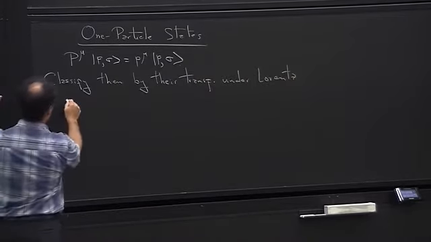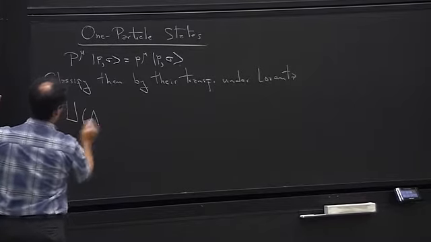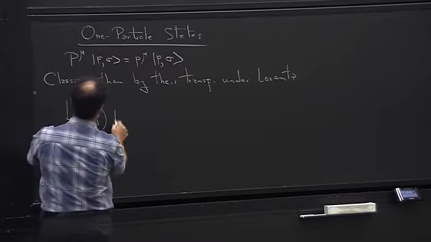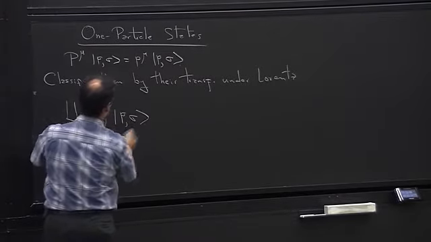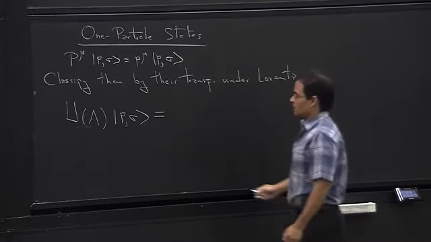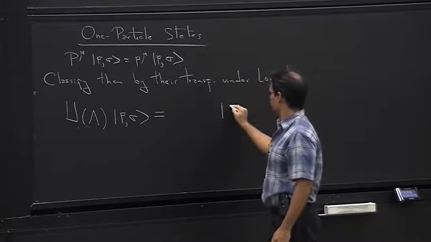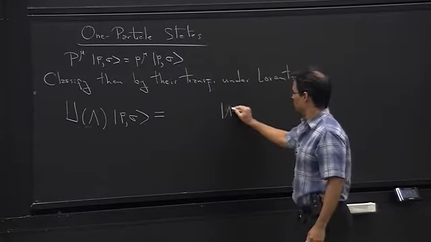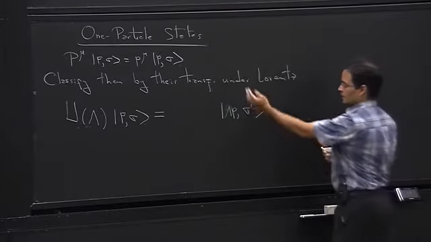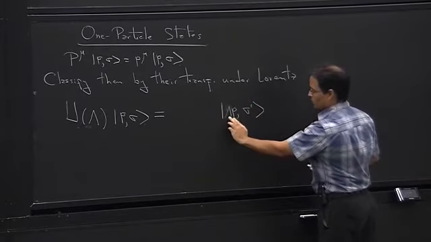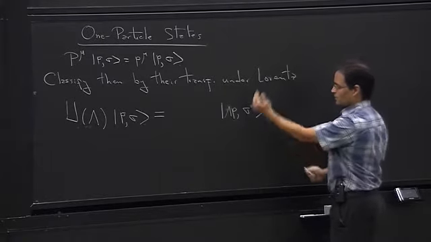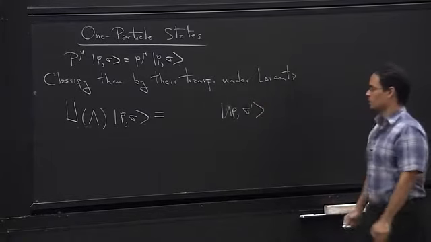So we ended the lecture having derived the following. If we take U of lambda acting on p sigma, this has to be a linear combination of all possible particles with momentum lambda p and with all possible extra quantum numbers, sigma prime.